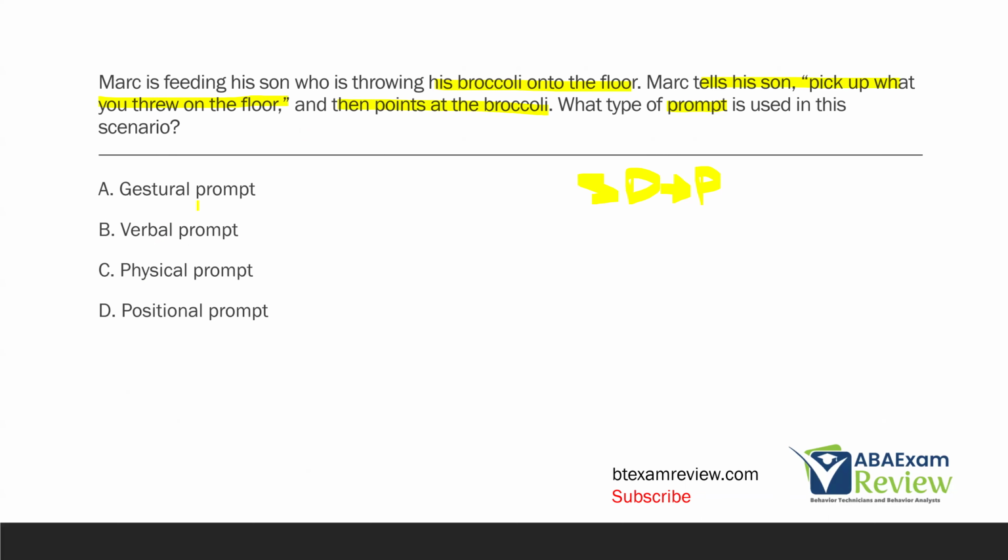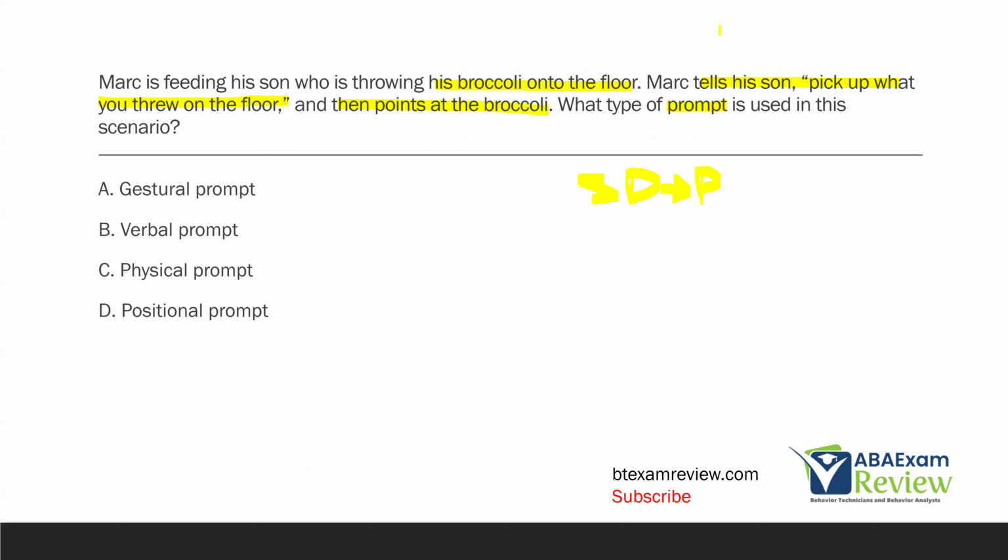So pretty straightforward gesture prompt, but we're going to read every single answer choice every single time. It can't be a verbal prompt. Pointing at the broccoli is not a verbal indication. It's not Mark verbally telling the son to do it. He's gesturing at the broccoli. It isn't a physical prompt because Mark isn't physically prompting the son. He isn't touching the son or handing the son and guiding him towards the broccoli.